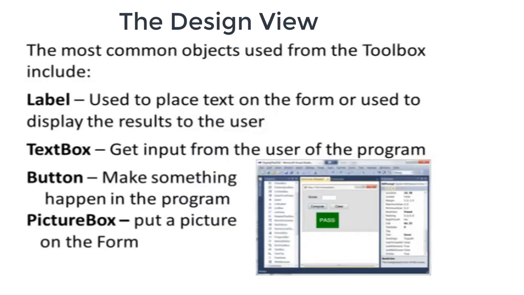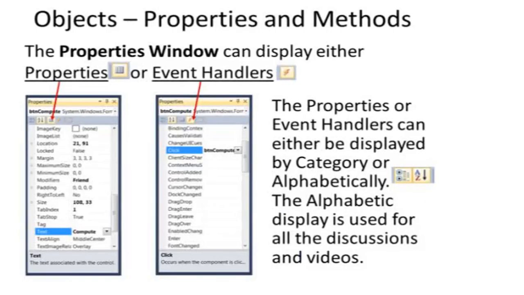In the designer view, the most common objects from the toolbox include label, which is used to place text on the form or used to display the results to the user, a text box to get input from the user of the program, buttons to make something happen in the program, and a picture box used to put a picture on the form. The properties window can display either properties or event handlers.